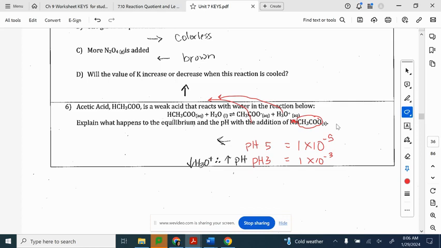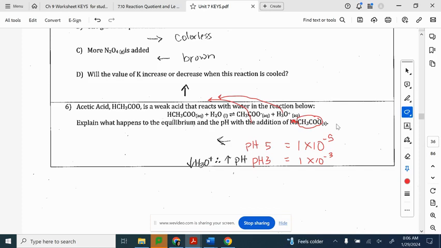Can you explain one more time about how the addition of the CH3C? So this is the acetate, if that's easier to say. If you add in acetate, that's going to force this to reestablish equilibrium by forming more of this material. Remember, at equilibrium, the rate of this stuff forming equals the rate of this stuff forming. So if you increase the amount of this stuff, it's got to shift this way to get back to equilibrium, to get that balance back in.